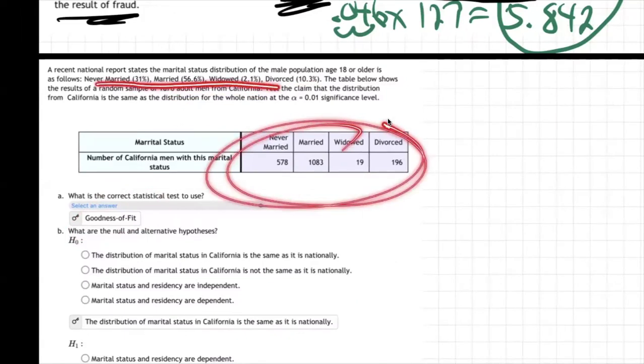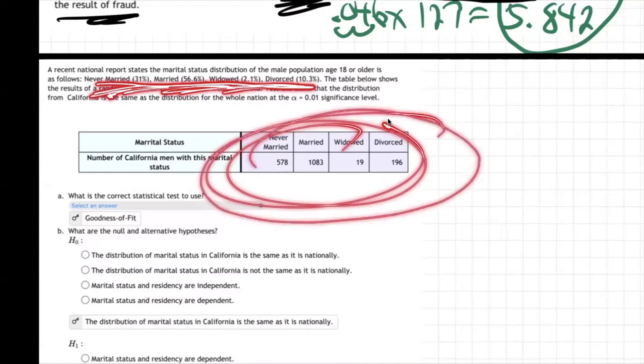This is not a sample. This is percentages listed for the whole nation, not from a sample. So we don't have two samples here. We just have one sample. We sampled a bunch of California men, and we're seeing if they're the same as the whole nation. So that's goodness of fit.